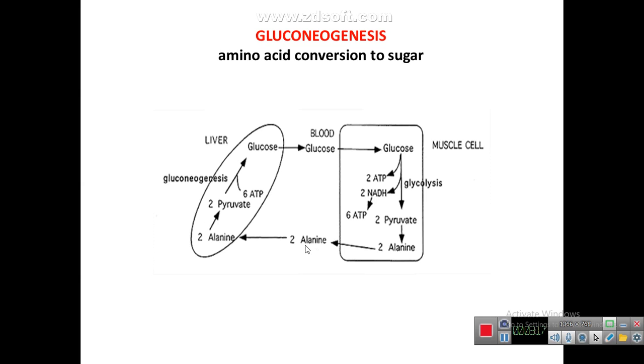Alanine by means of blood will move into the liver cell or hepatocyte. If energy is required, the alanine will convert back into pyruvate and pyruvate will again convert back into glucose. The process is known as gluconeogenesis. Again, glucose can move to the muscle cell by means of blood.